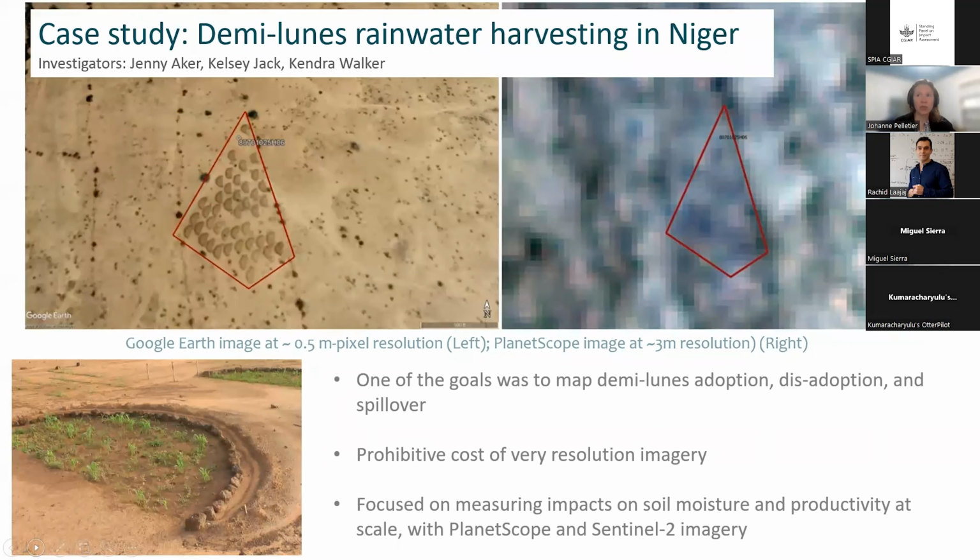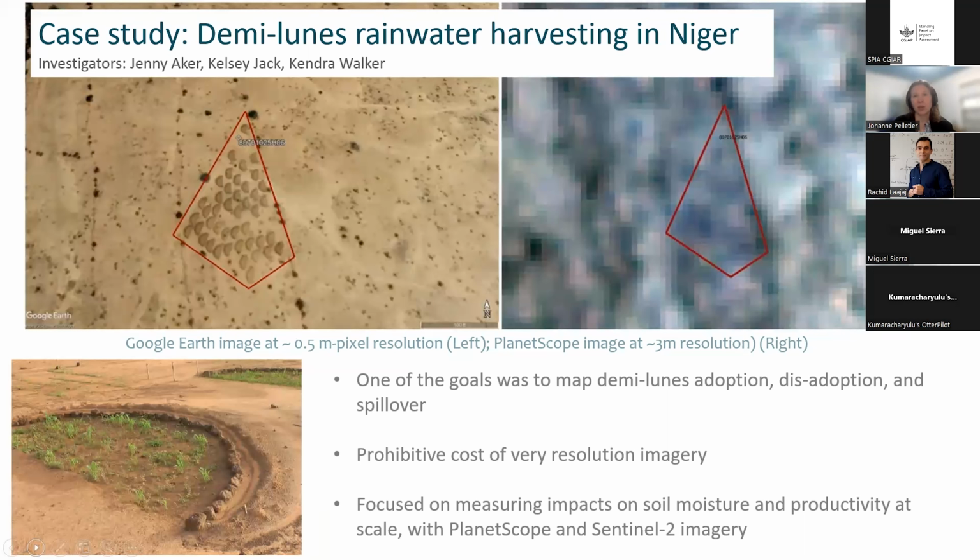One of the goals was to map the adoption, disadoption, and spillover of these demi-lunes at a regional scale. As you can see on the left, they are clearly visible in Google Earth image that has generally a pixel resolution of about 0.5 meter.